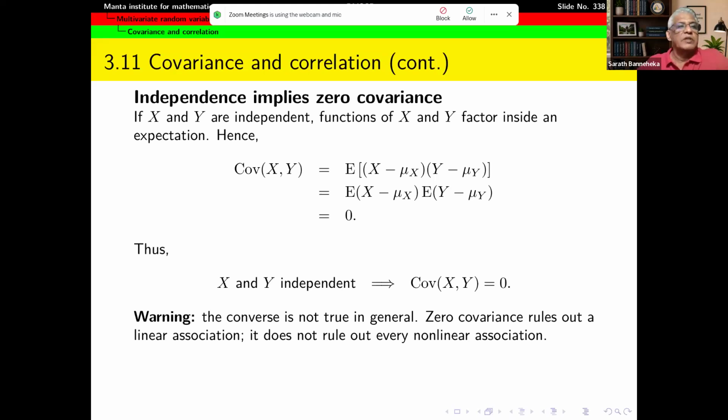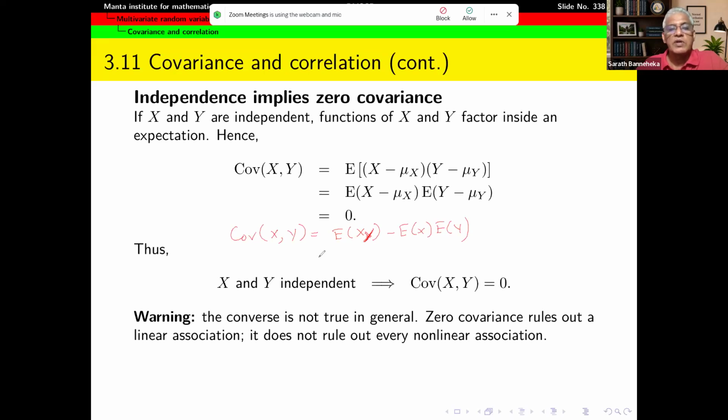Another way to look at it is to look at the second expression of the covariance. For example, we have seen that covariance between x and y is the same as expected value of x times y minus expected value of x times expected value of y.